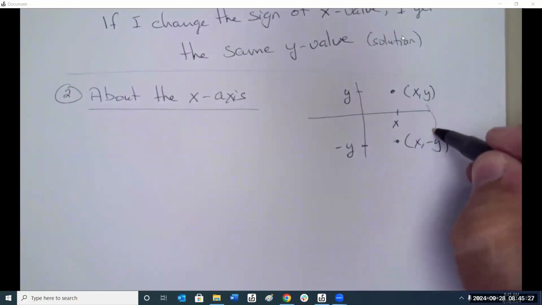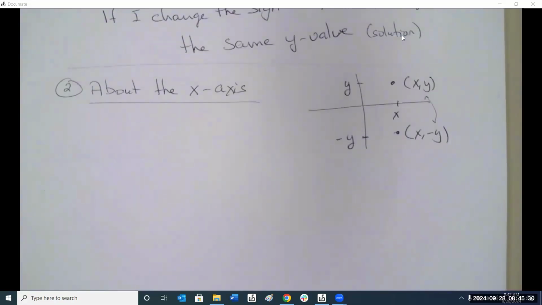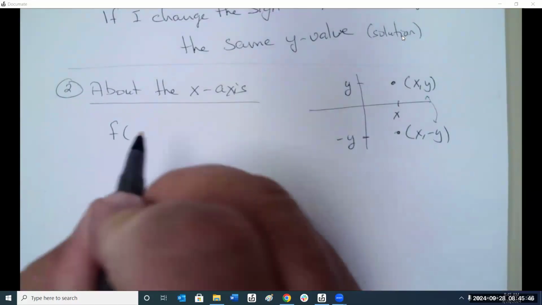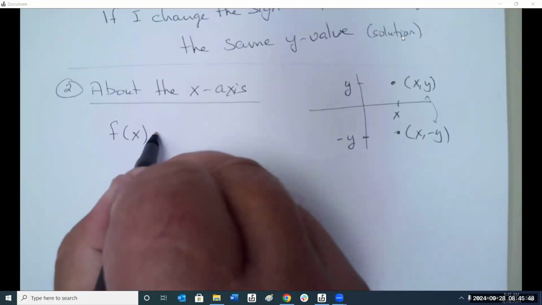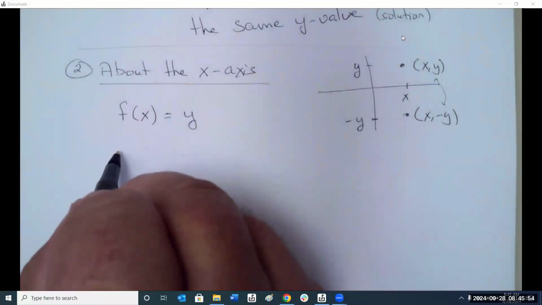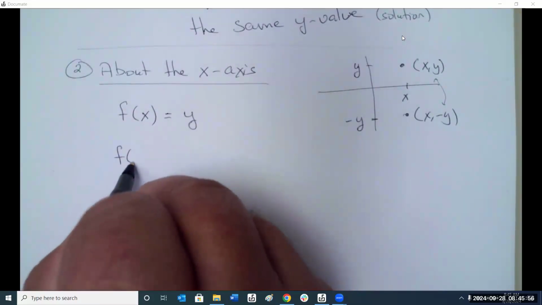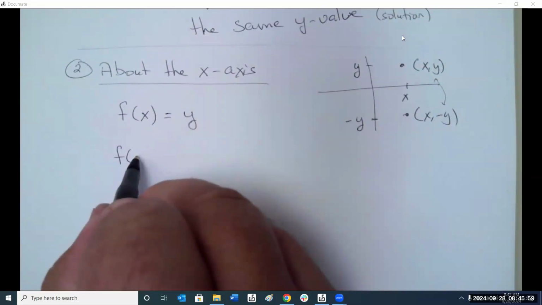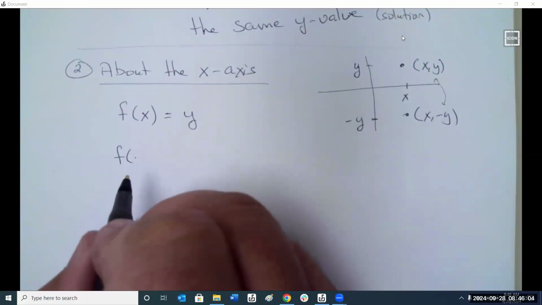So you see, the only thing that changes is the sign of y. It remains the same number, but has different signs. And the x stays the same. So what this says is this. So it's easy to follow.